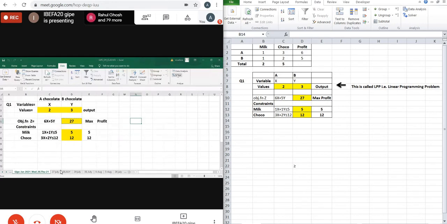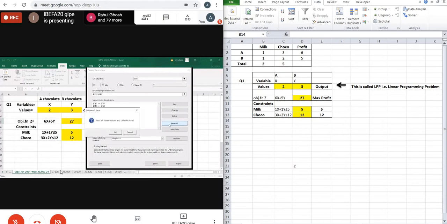Look here. But you were attentive in the class. See the way that I do. Objective function will be D5 maximum, then changing the variables, that is C3 and D3. Come to the box subject to the constraint. Now add.